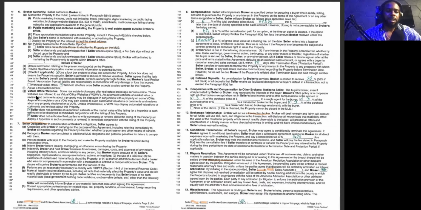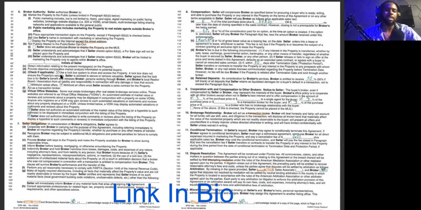But by checking this off, you understand the risk of letting me show this property on a lockbox, and you are welcome to say no. You're welcome to forbid it, but I'm just letting you know this is the most consistent and efficient way for me to do it. And if you want to take extra precautions to protect the property, I always suggest they put up some security cameras. All you need is a Wi-Fi connection, and I think some Wyze cams on Amazon are like $30 a piece. So that's probably the easiest way to protect it. Or just put a Ring doorbell.